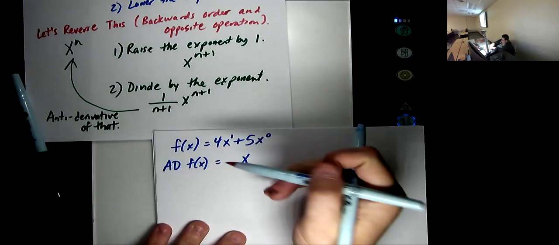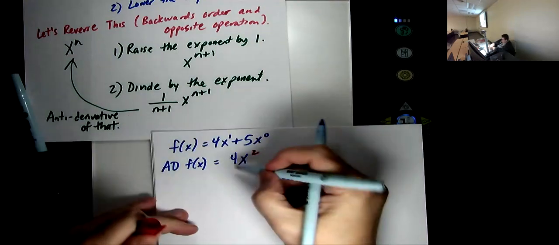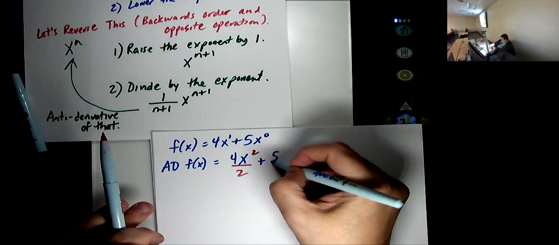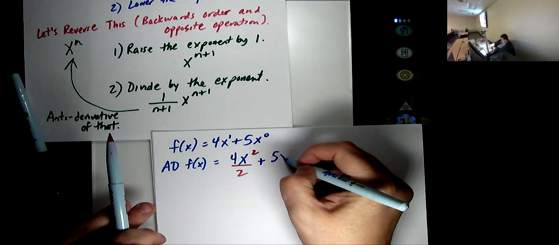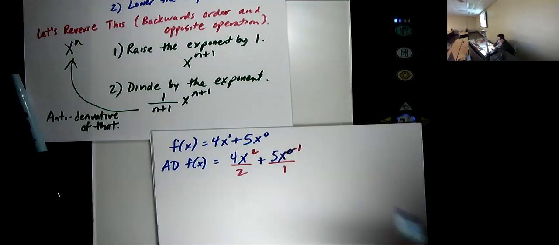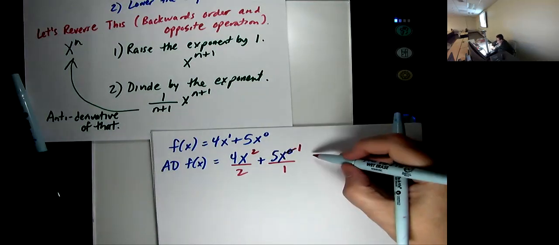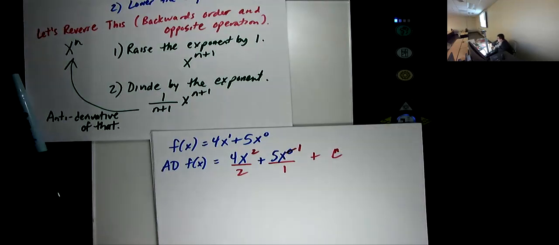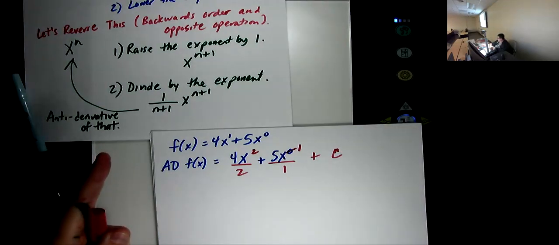We raise the exponent by 1 and divide by the exponent. That's going to happen on both of them. That goes up to a 1, and we divide by 1, which doesn't do anything. But we also have this weird constant, and we don't know what it is. We know that it's 3.